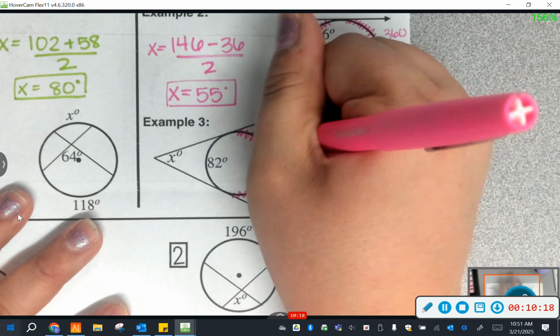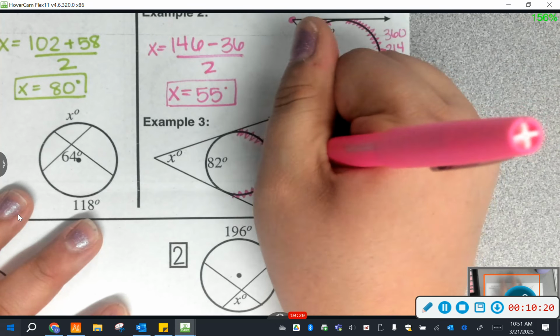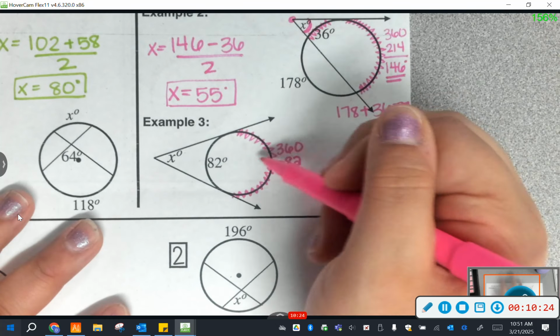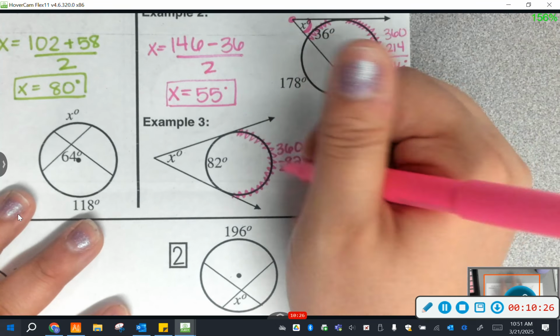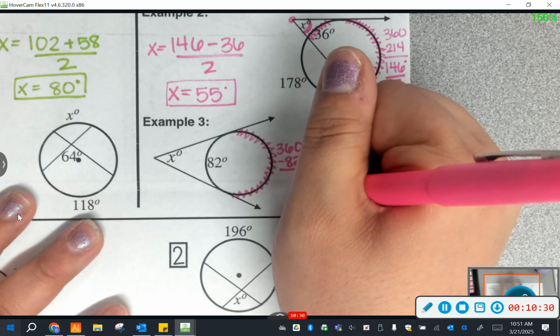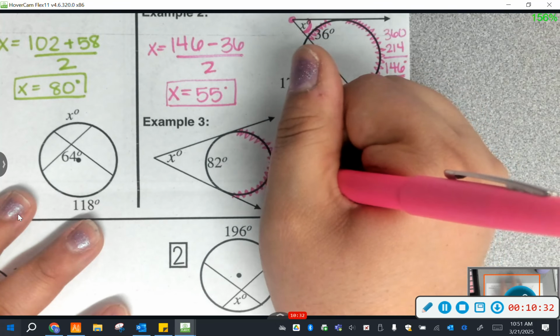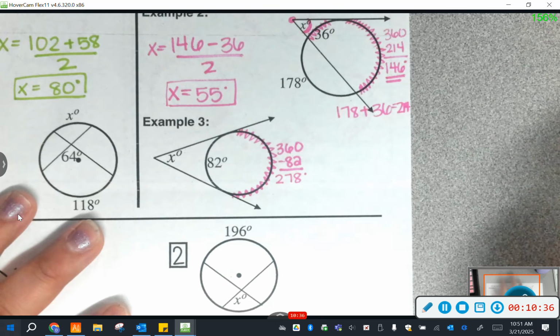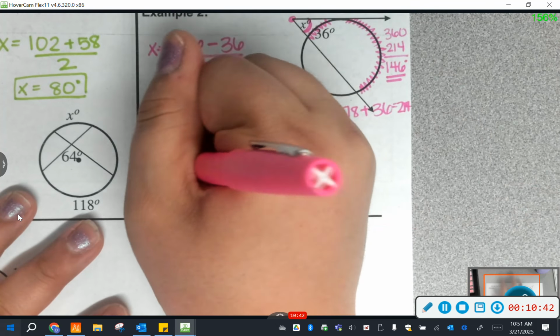Just 360 minus 82 because I need to find the rest. That is 278. But that is not my angle. That's just my big arc.